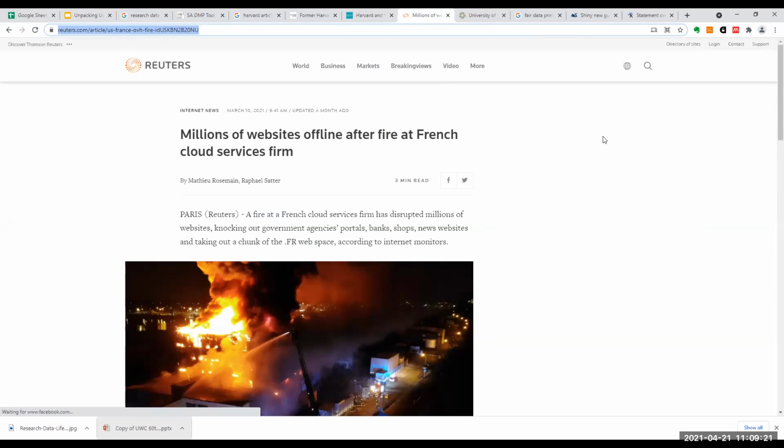The data that underpinned a lot of the websites was stored elsewhere, but the warehouse where the servers were located is what actually burned down. So a number of the websites have had to be rebuilt. In some cases, backup data was able to support the rebuilding, but this did not happen in all cases. As far as the context is concerned, these are some of the real world problems we're facing with regard to research data.